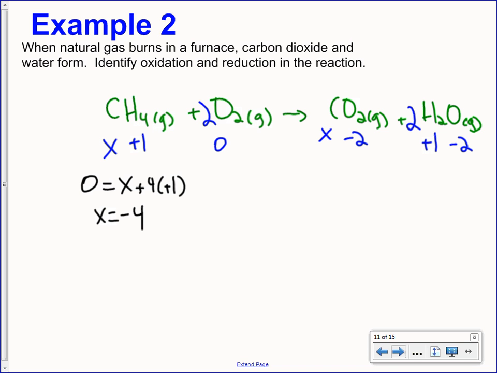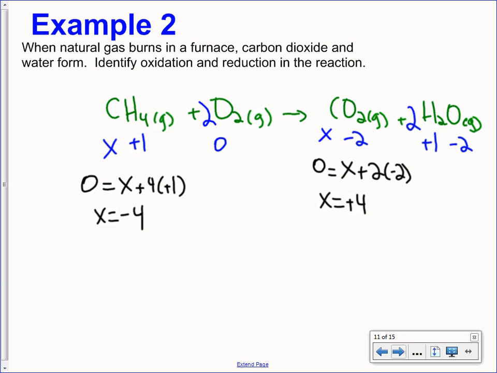And when we come to carbon dioxide, again, it's a neutral compound, so the sum of the oxidation number for carbon plus the sum of all of the oxidation numbers for oxygen should be equal to 0. And so for carbon, we get an oxidation number of +4.